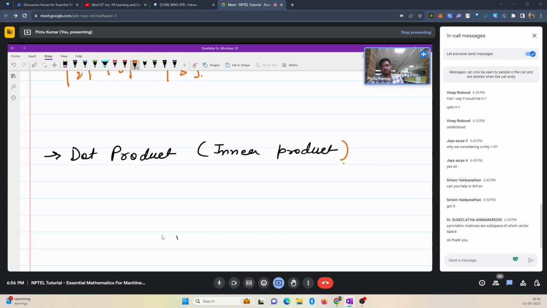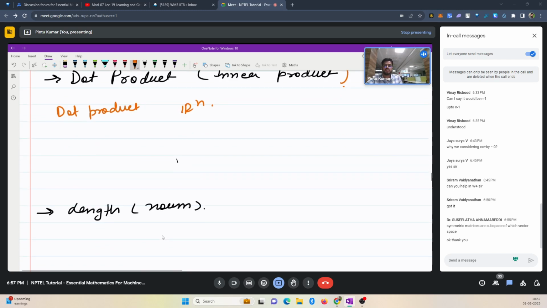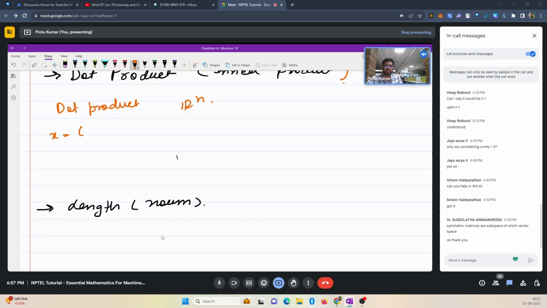If we go to the dot product, I'll give you an example of Rn. Let's say you have two vectors x1, x2 up to xn belonging to Rn, so this has n elements, and y again has y1, y2, yn. Then you can define multiplication between these two.